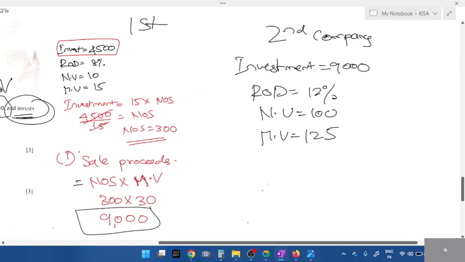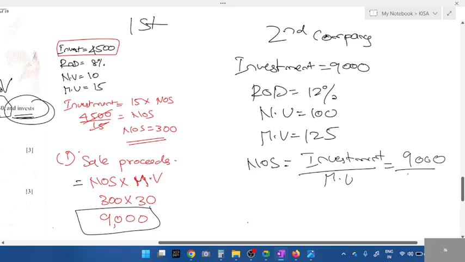What is the share, students? How do you find the number of shares when investment is given? Number of shares is equal to investment divided by market value. 9,000 divided by 125. Is it clear? Understood? Yes, calculate it. 9,000 divided by 125. 72.